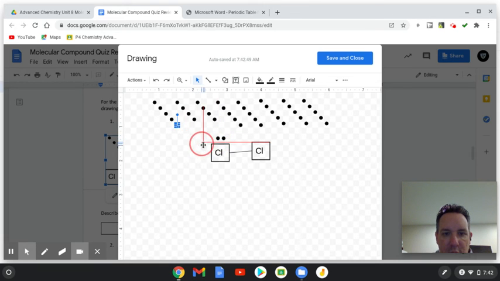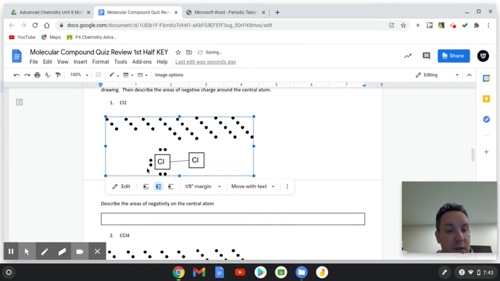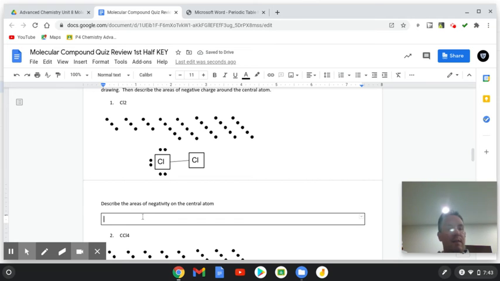So this chlorine has some lone pairs. And that's what it would look like. And we're going to save and close it. That's all I'd ask you to do on the quiz. Areas of negativity. So that left chlorine has 1 single bond, and it has 3 lone pairs.